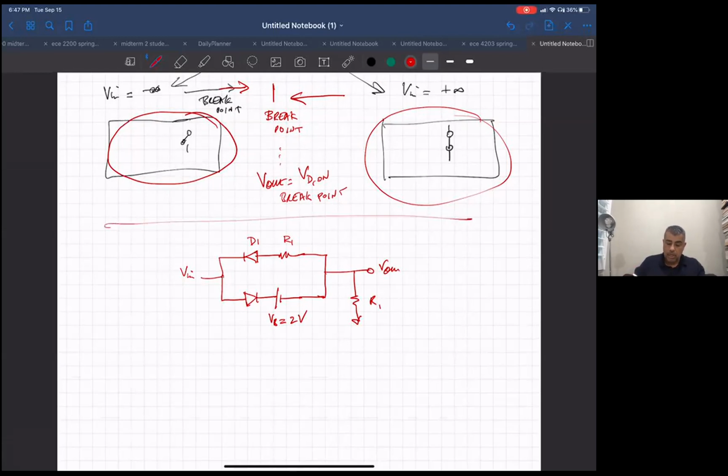Okay, and so this circuit has 2 breakpoints. Or potentially has 2 breakpoints. You have 2 diodes that could be on or off, and so it gets a little harder to just write equations and equate them, because like you really have to kind of develop.